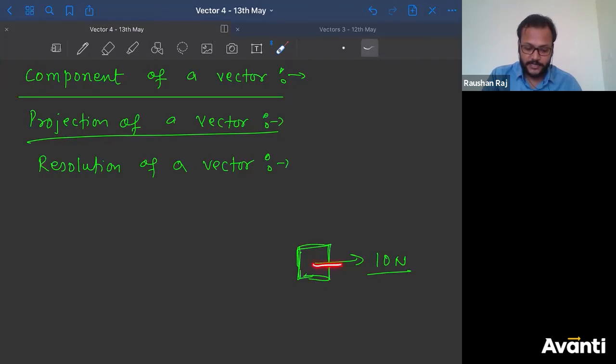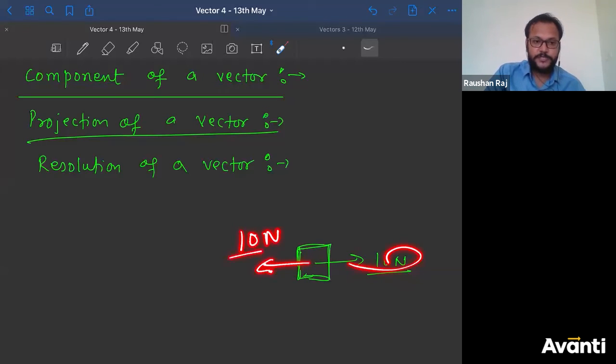So that this block does not go in rightward direction? Can I say you have to apply a force in leftward direction? With how much magnitude? Idhar isne 10 lagaya, you also have to apply that 10 Newton force in opposite direction.